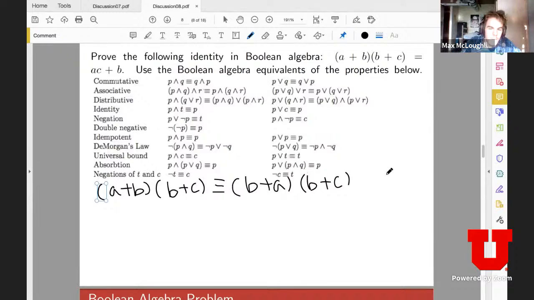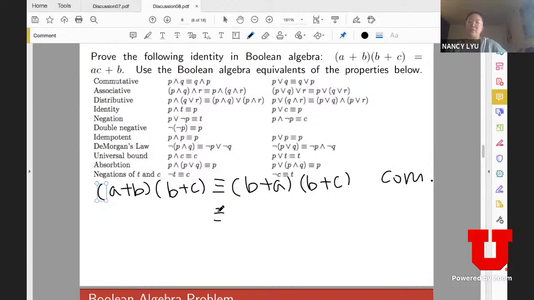Distributive. And then we're going to use distributive. So do you view the first term as a whole, or the second?